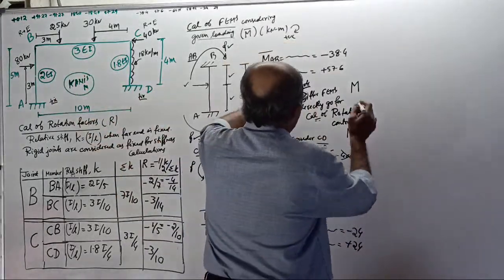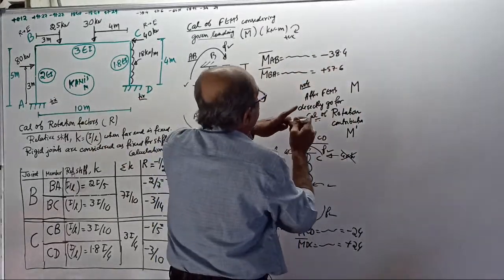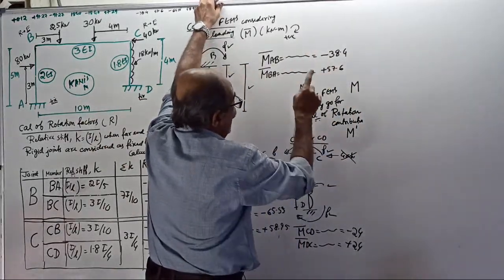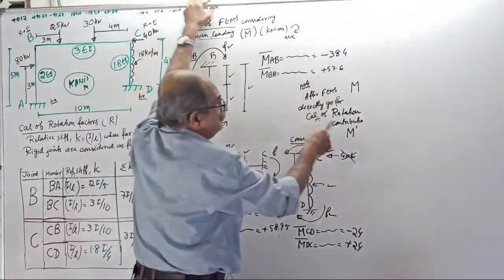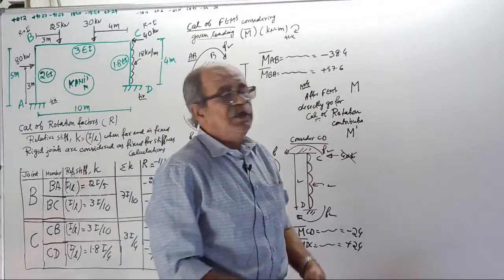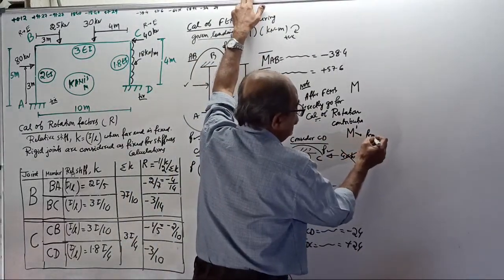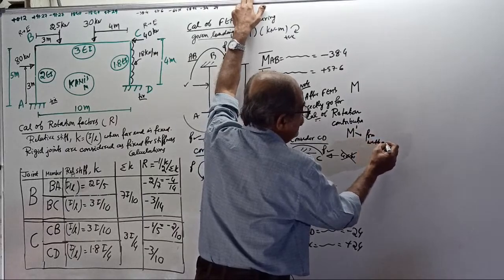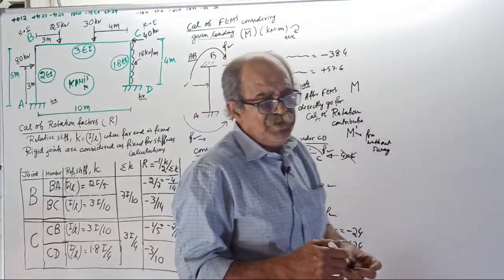So therefore, what you usually do is, after finding FEMs and rotation factors, you directly go to M dash. But remember, that is only for frames without sway.